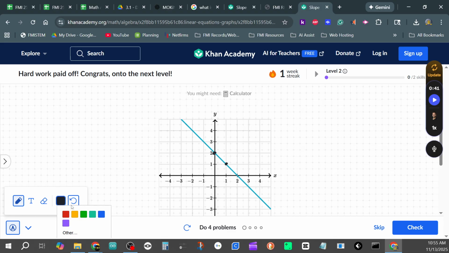Okay, now let's find the rise and run. Now, to get from left to right, we have to go down 1. So that's a fall. So that's a down 1. And then I have to go over one time, which is to the right once. So that's going to be a slope.